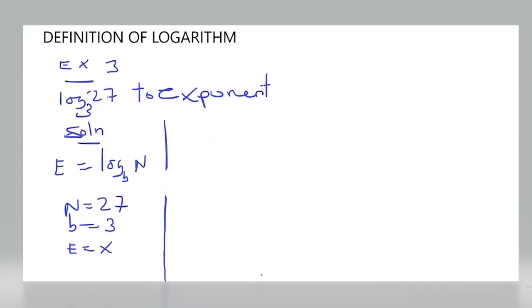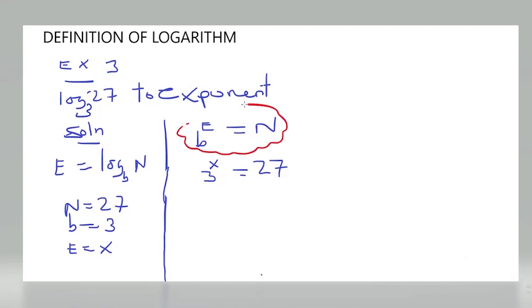The formula of obtaining an exponent from the logarithm says base power exponent is always equal to number. Our base is 3 and the exponent is x, equal to the number, which is 27. Okay, this is the formula. So we should use this formula to obtain the exponent from the logarithmic expression.